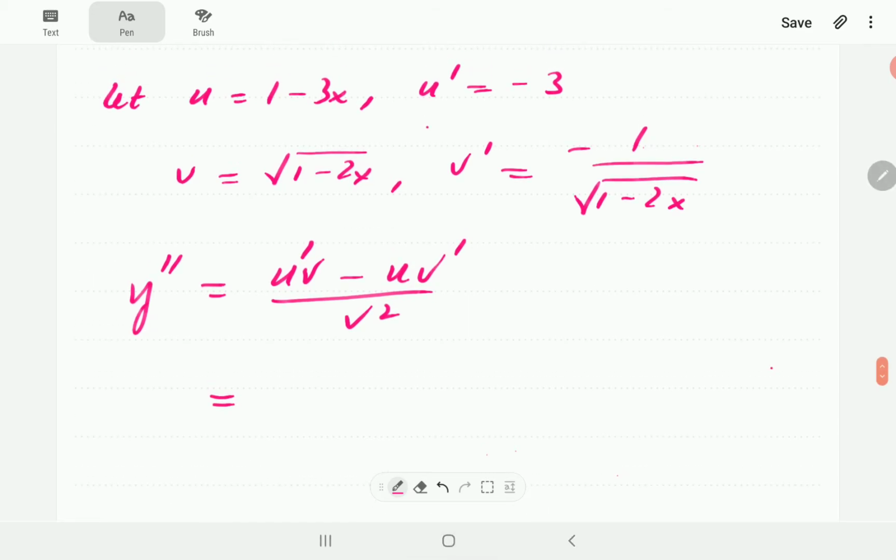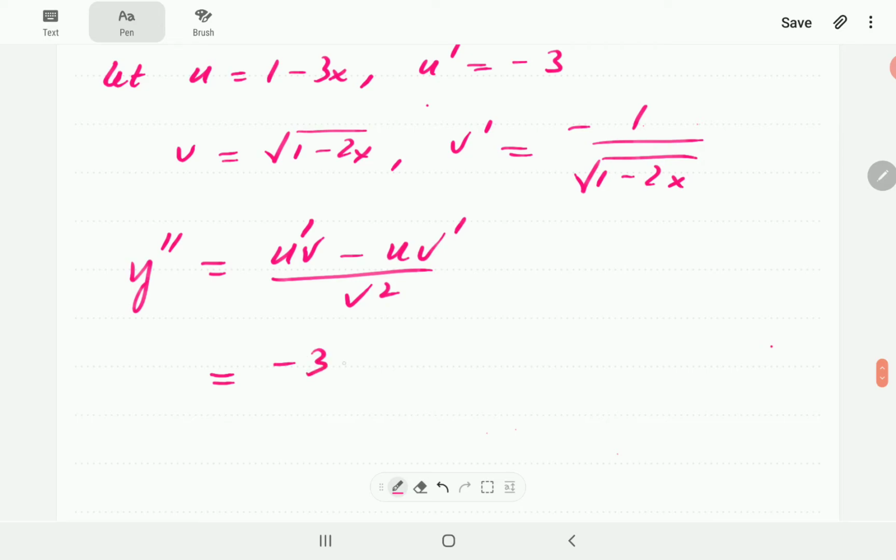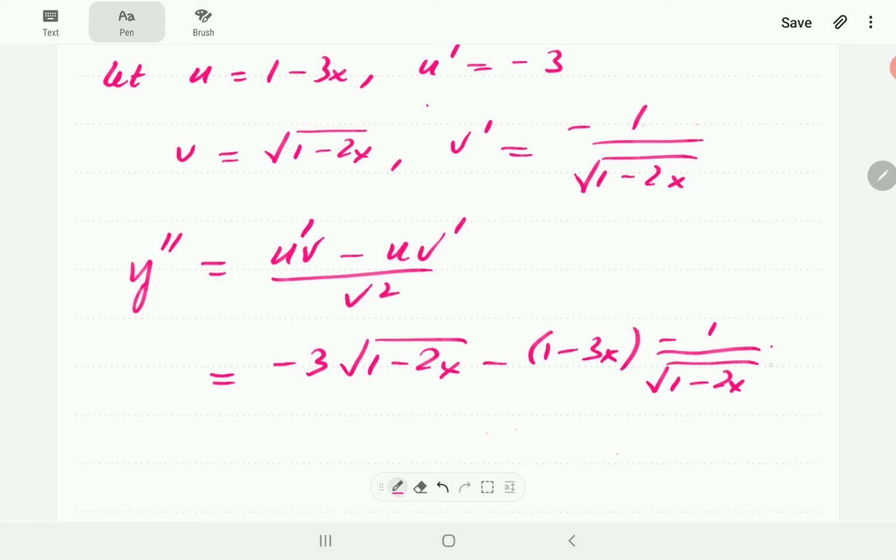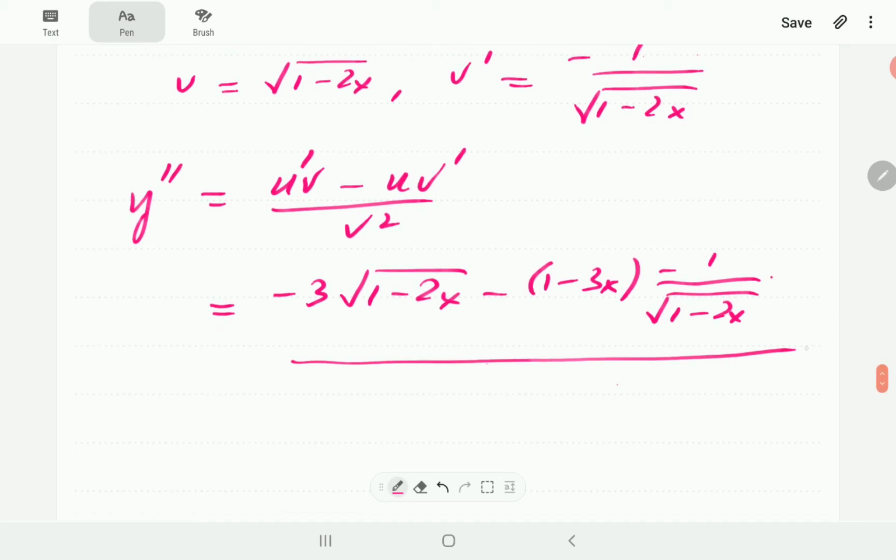So this time u prime is -3, v is that square root of 1 minus 2x, take away u, which is 1 minus 3x, v prime is -1 over the square root of 1 minus 2x, all divided by v squared, which is just going to be 1 minus 2x.